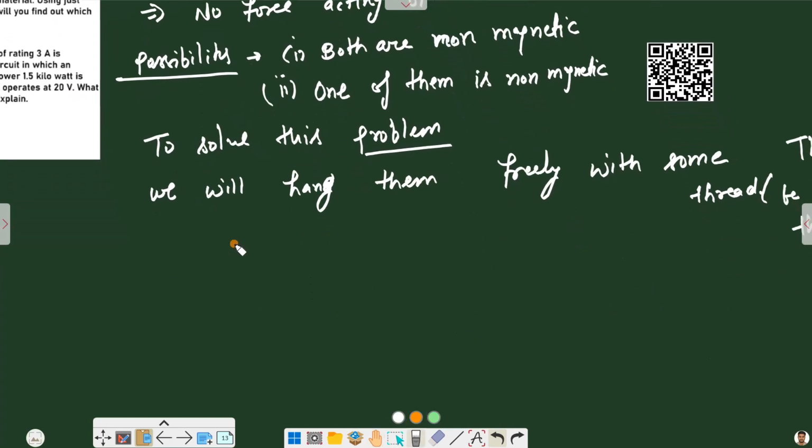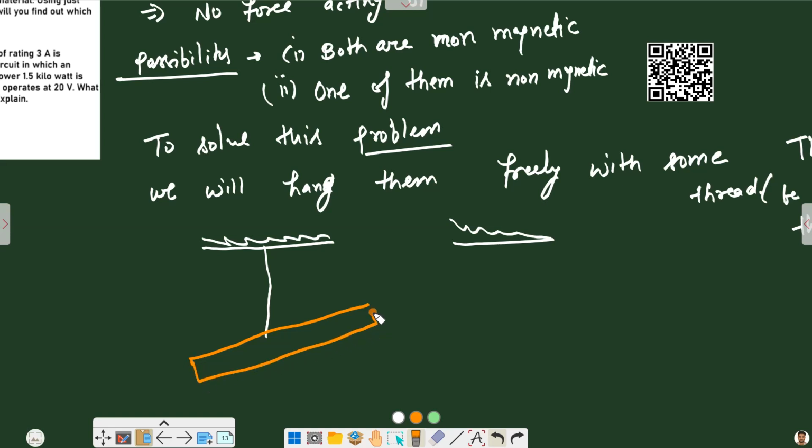Suppose this is our rooftop and we hang them like this. This is our thread and these are our bars. This is bar number 1, and again this is the thread and this is our bar number 3.